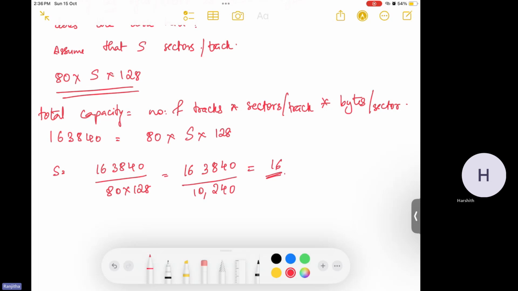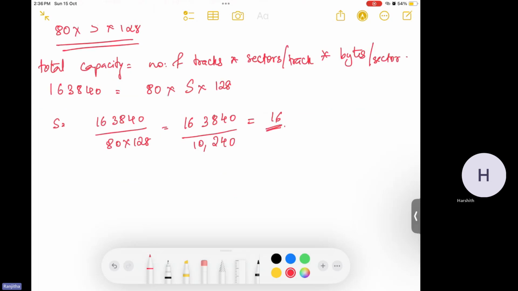So the total number of sectors per track here is 16. Okay, so that was one question.